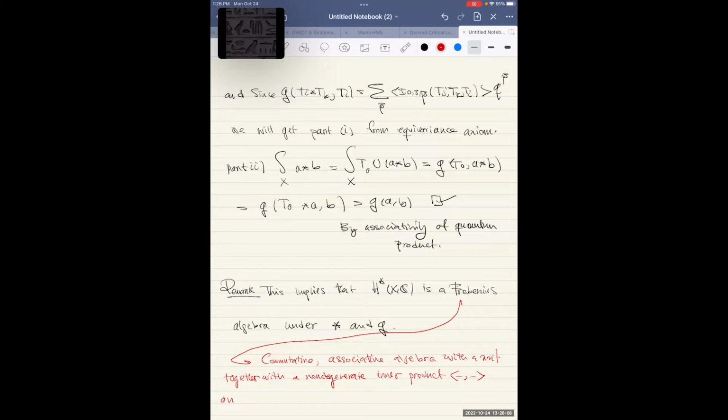This inner product for us is the intersection product on this ring, which I would like to be my ring under the quantum product.